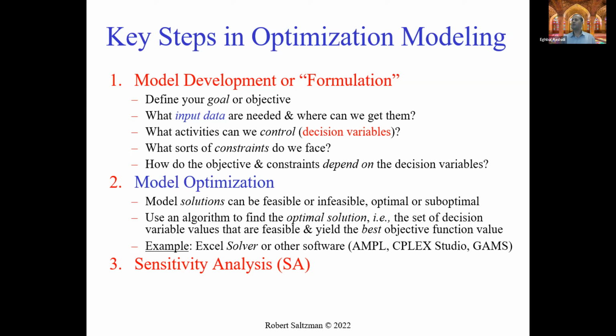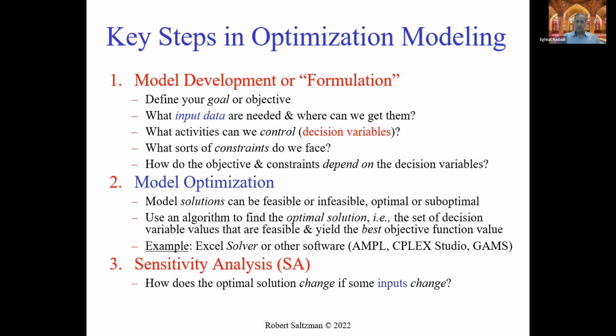So you want to see, okay, what if something happened? What if, for example, one of your constraints, the resource value, goes up, say 10%, or decreases, or what if the price increases or decreases? You can do this analysis with sensitivity analysis, and it's a very important step.